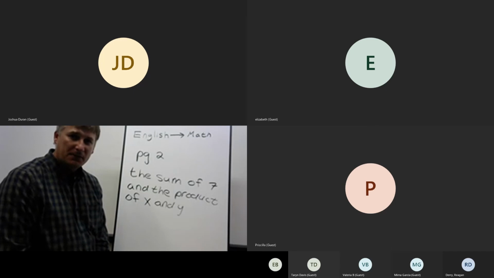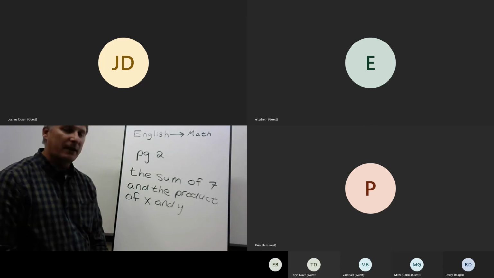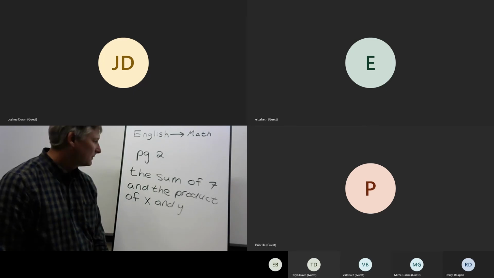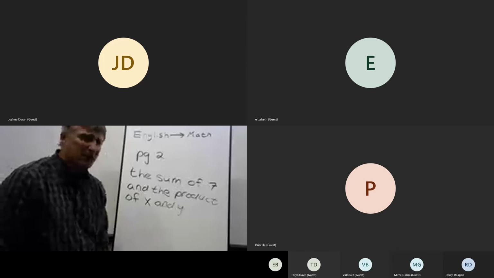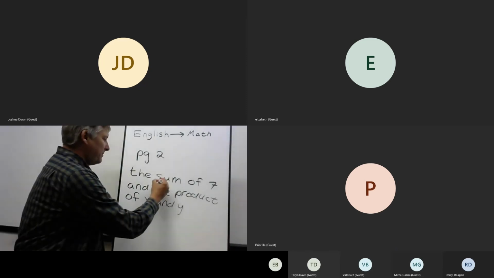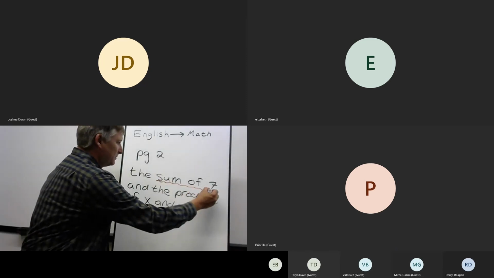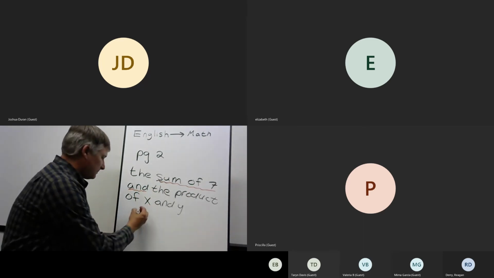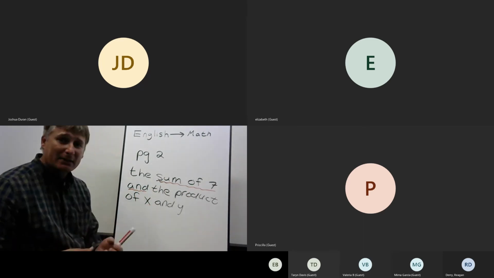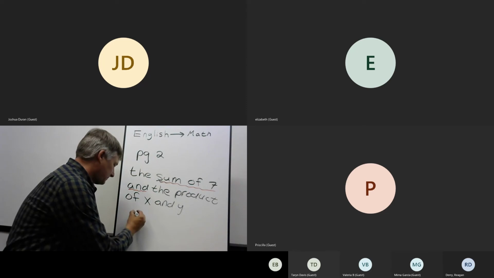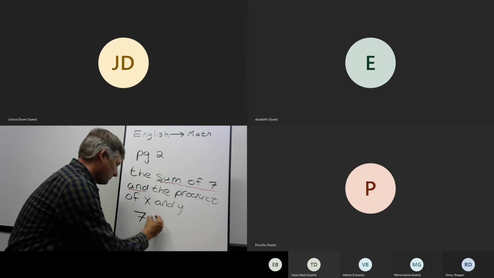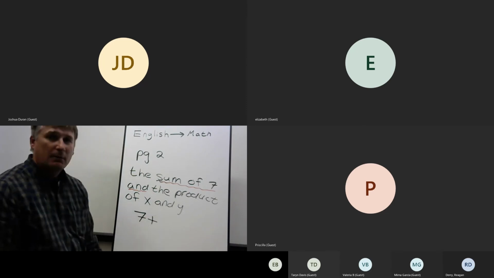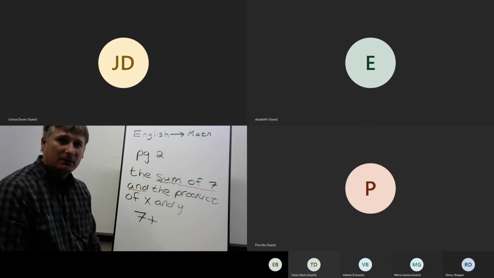So we have the sum of 7 and the product of x and y. Now, we want to be kind of careful here. We have the sum of 7 and. So we're going to take 7. We're going to add it to something else. But what are we going to add to 7?